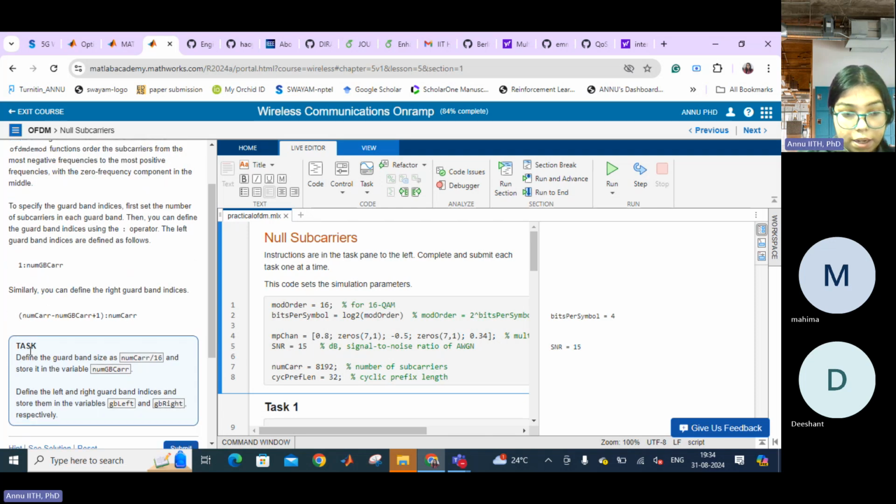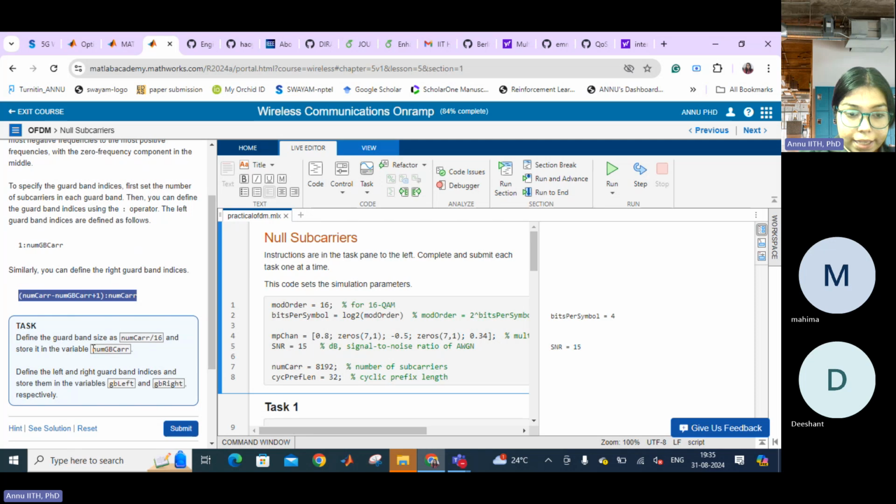I think you can understand this. So define the guard band size as the number of carriers divided by 16, and so the number of guard band carriers.